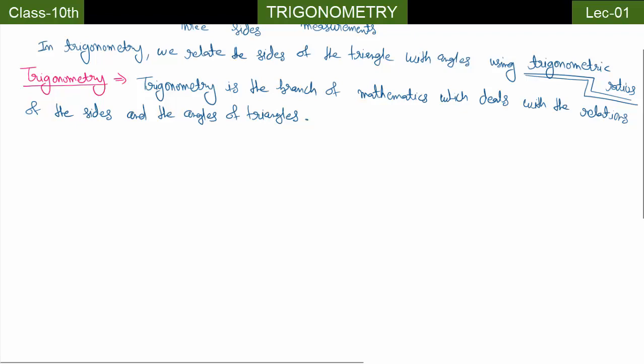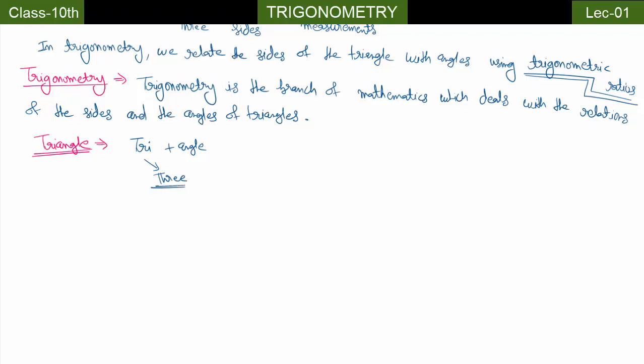Triangle is made of two words, tri, which means 3, and angle. So any plane figure which has 3 angles is called a triangle.